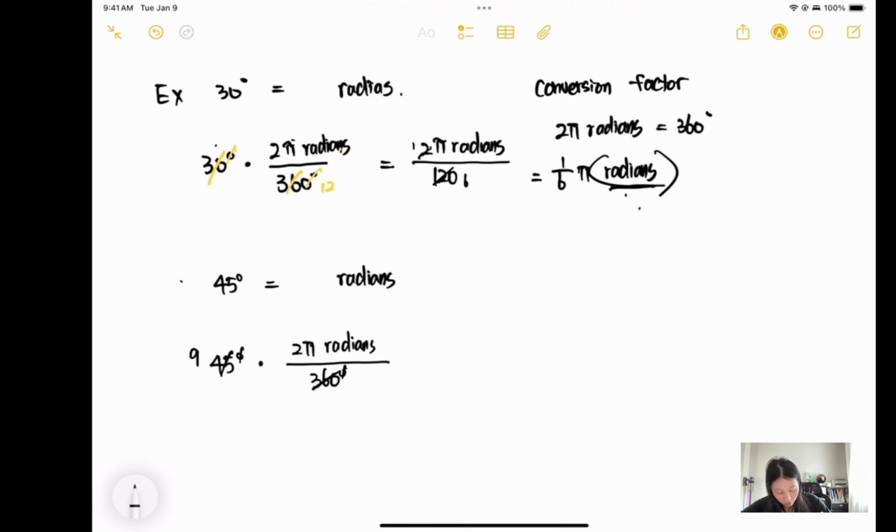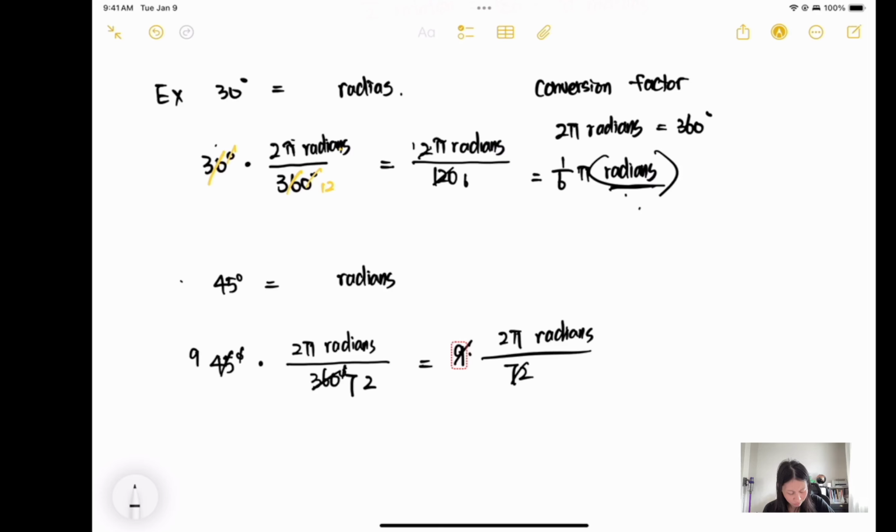So here I have 72. Oh, sorry, it's 72. Now, so I have a 9 times 2 pi radians over 72. But 72 and 9, they also have a common factor of 9.